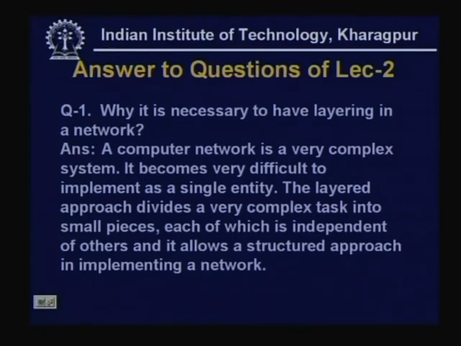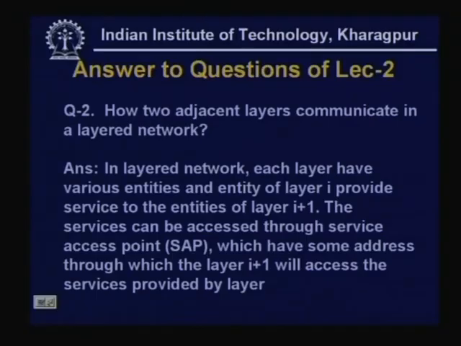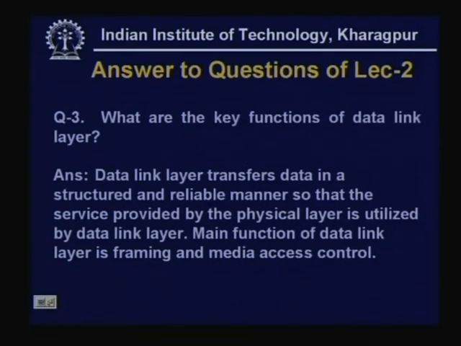The layered approach divides a very complex task into small pieces, each of which is independent of the others, and it allows a structured approach in implementing a network. Second, this is the answer to the questions of lecture number 2, and this is the answer to question number 3 of lecture 2.